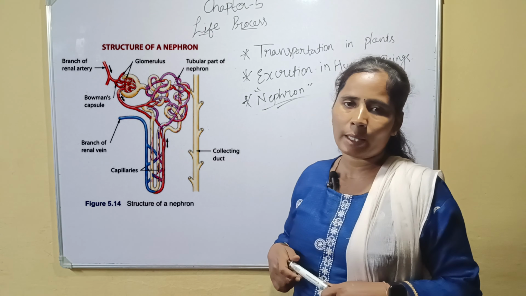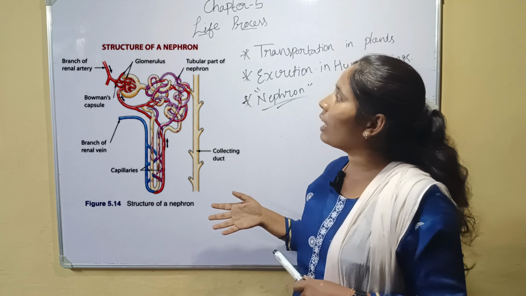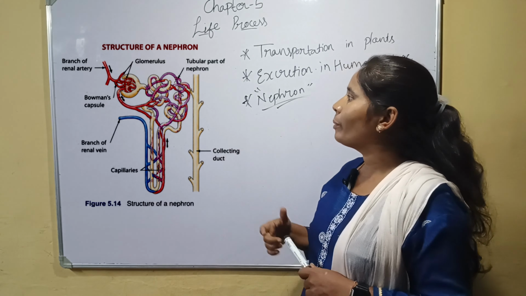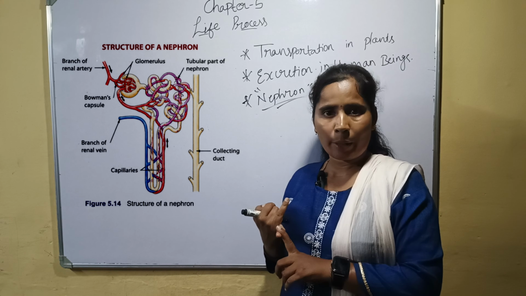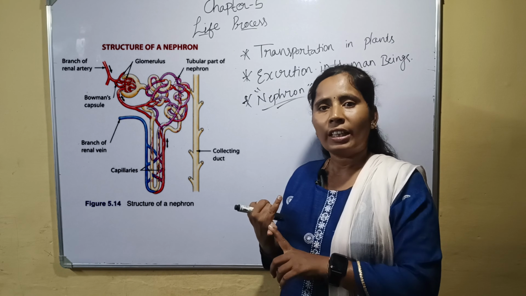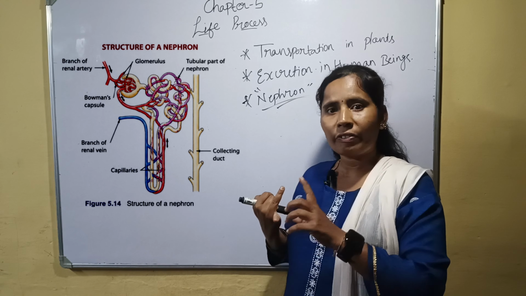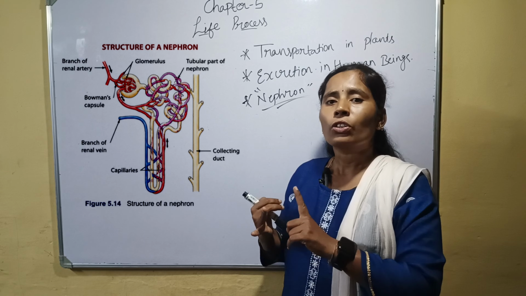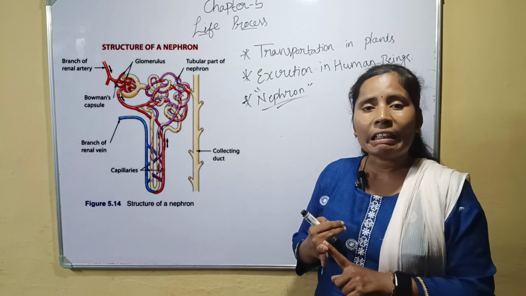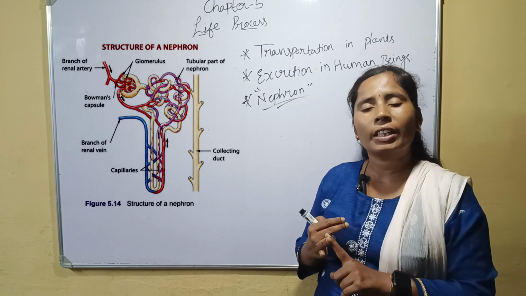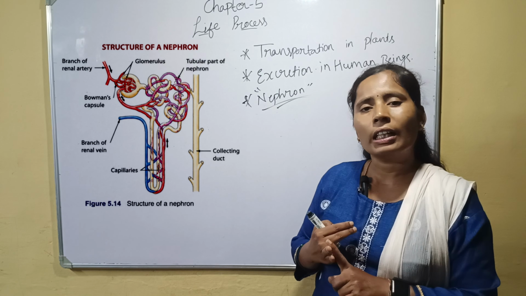They may ask for 3 marks. It's very simple: just draw the nephron diagram and explain point wise. The first point: the cup shaped Bowman's capsule is very rich in capillaries, which collect the filtrate. This filtrate will be passed to the nephron. Second, the reabsorption of minerals, vitamins and water takes place.